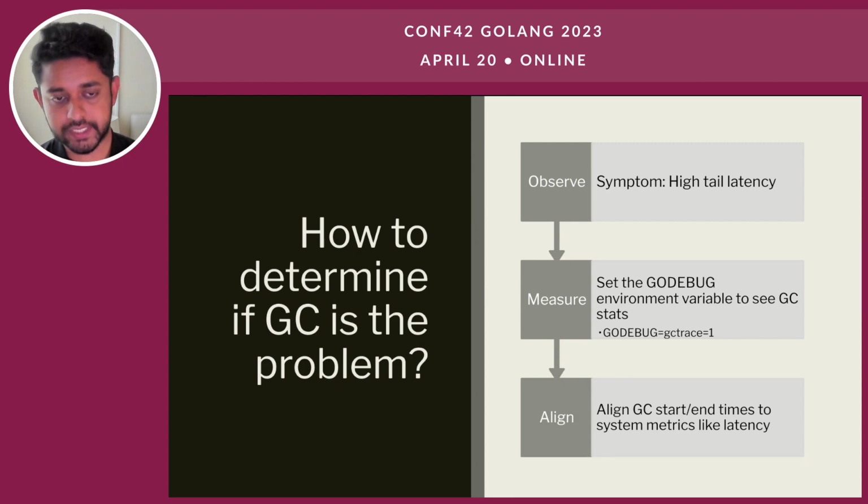And then the last step is to take what you measured and align it with your system metrics. The way we did this was we looked at the logs from gctrace, and if we noticed spikes in latency that aligned with when the GC cycles were occurring, that's a great way to conclude that there's a good chance that GC is the cause of your performance regression.